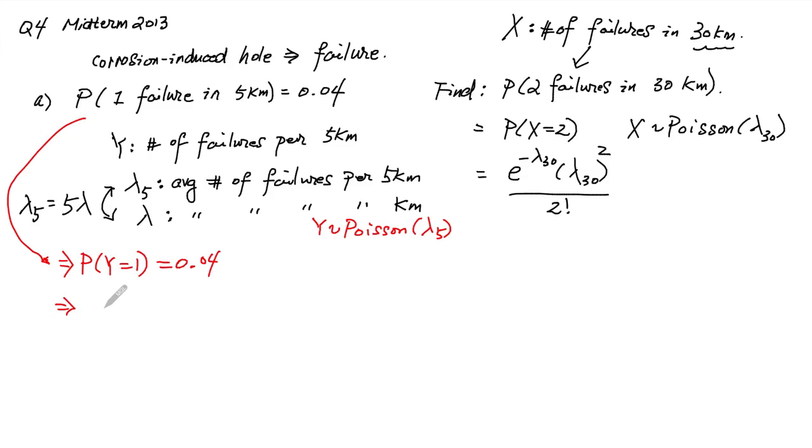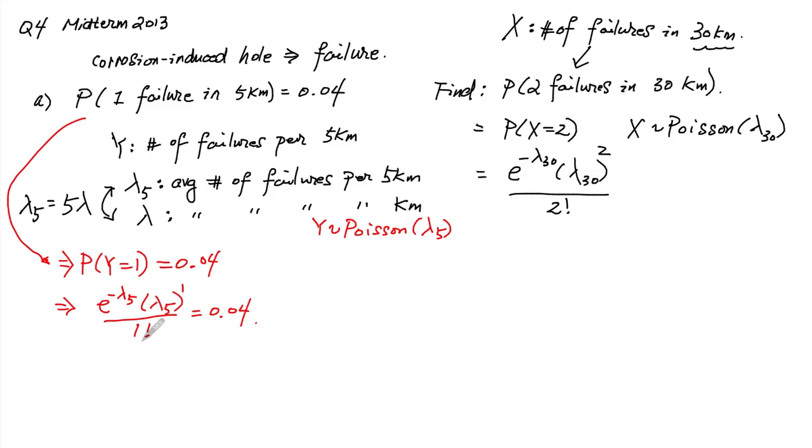Plug y equals 1 into the Poisson formula, and we have that being equal to 0.04. Now I can re-express e to the minus lambda 5 and lambda 5 to the power of 1 in terms of lambda only. The problem is we can't solve this equation directly, because we have a lambda 5 in the exponential.